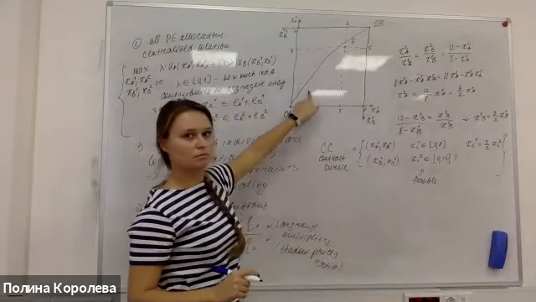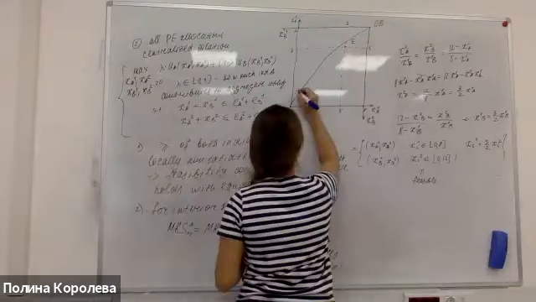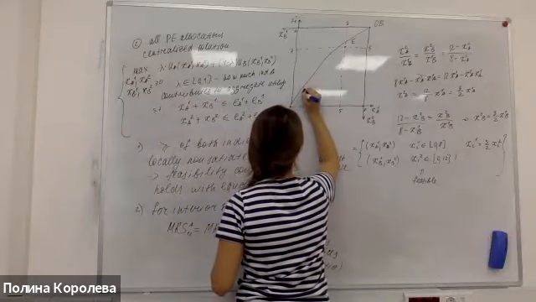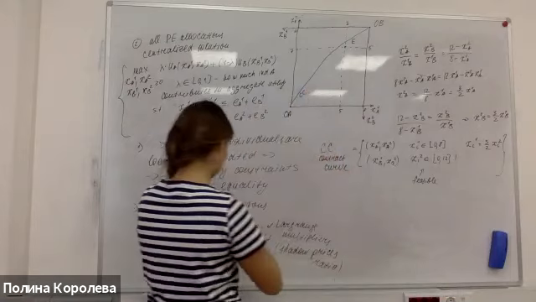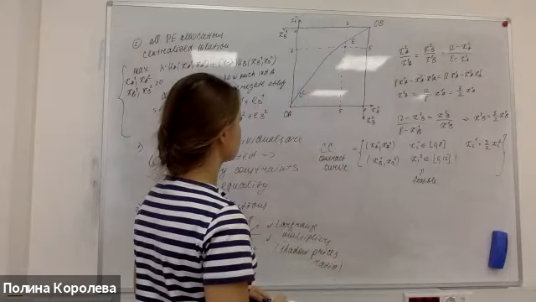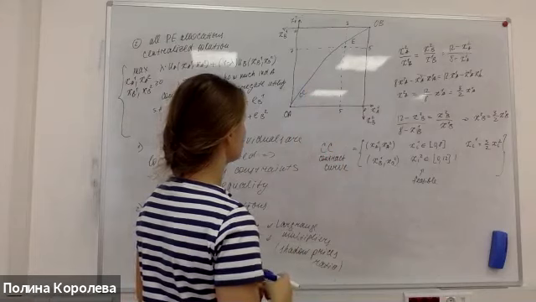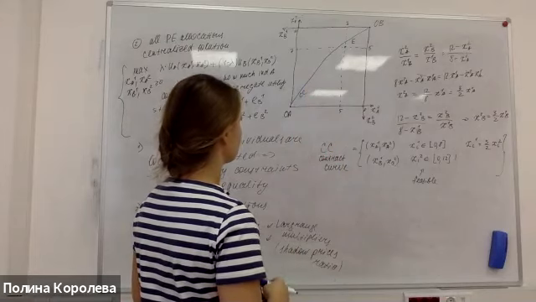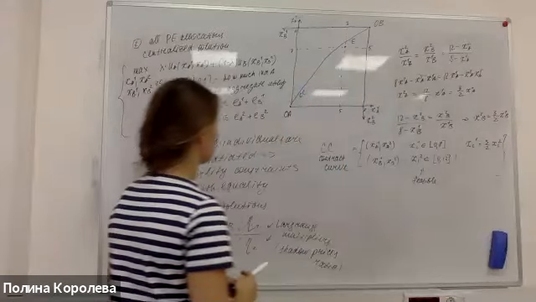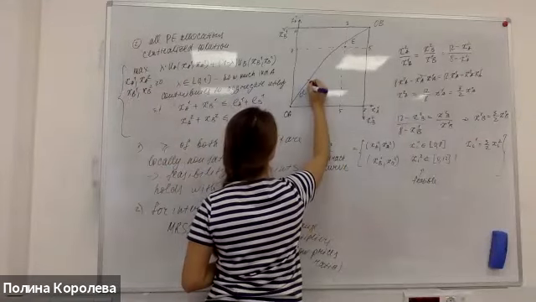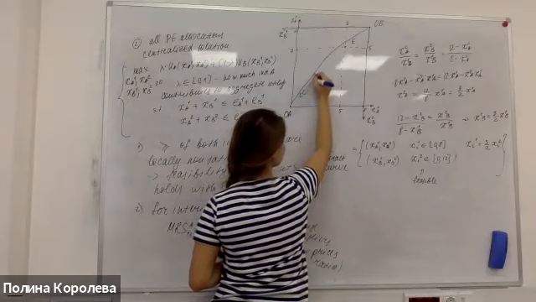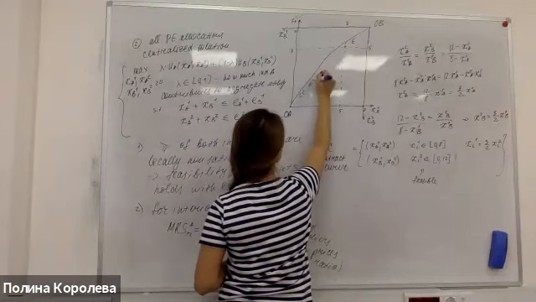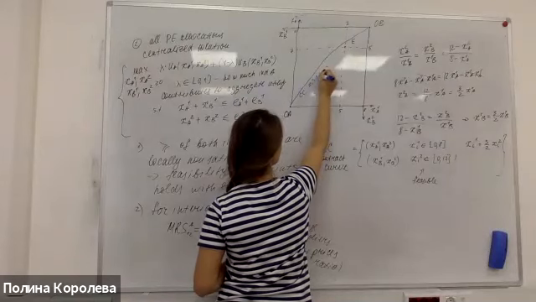This is a line. xi1 is equal to 3 divided by 2 xi2.